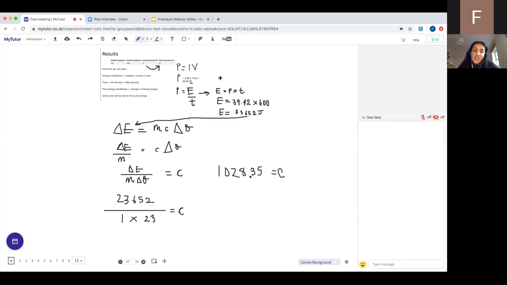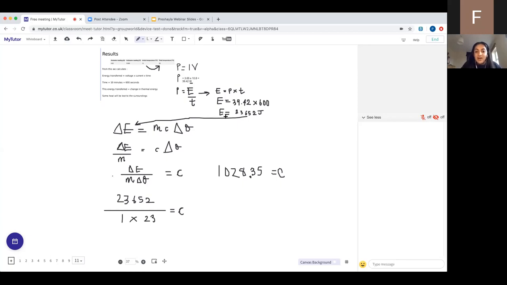The change in energy equals mass times specific heat capacity times the change in temperature. So we take this energy and we now put it into our second new equation, which is the equation for the change in thermal energy. So we take our change in thermal energy and we divide it by mass and we divide it by the change in temperature, which is what we're doing here.